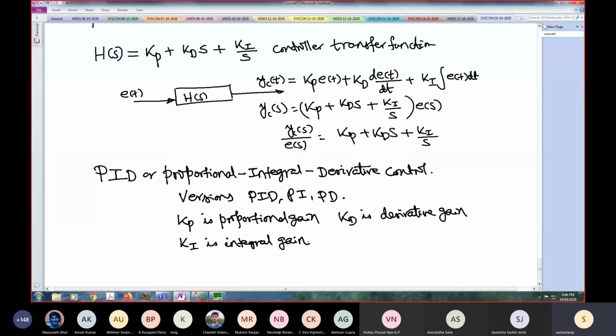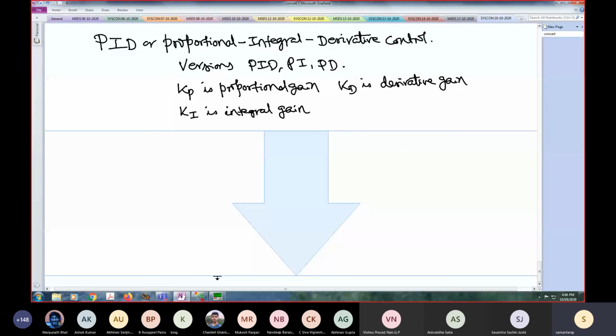Without much derivation, I will show you how these terms Kp, Ki, and Kd contribute. They are basically feeding back error. One is proportionally feeding back error, another is derivative feedback of error, and another is integral feedback of error. Now, under this feedback, I will find what the steady state error is with this control.